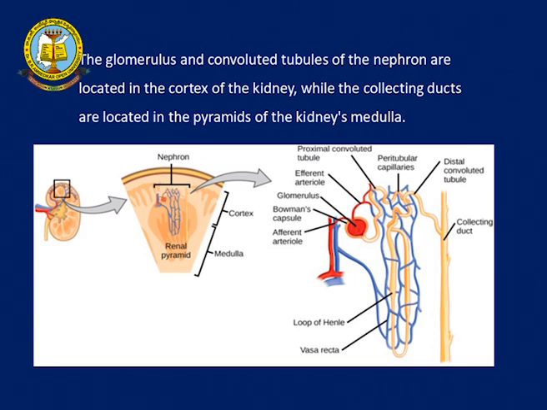The nephron is connected with the collecting duct. Two nephrons connect to a collecting duct. This is the collecting duct region. The left side nephron has this structure, and the same nephron is present on the right side. The U-shaped structure of the nephron is divided into the loop of Henle and vasa recta.